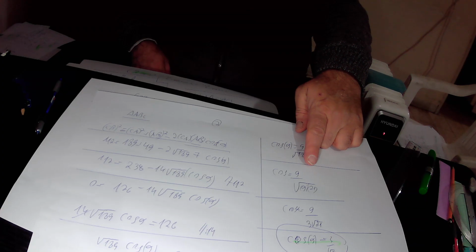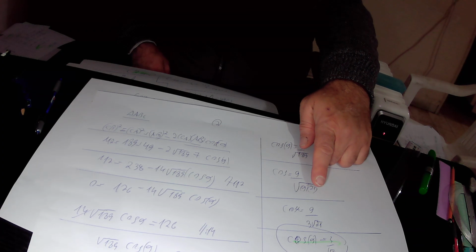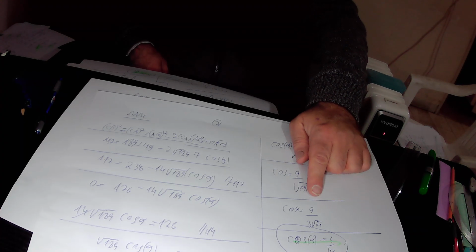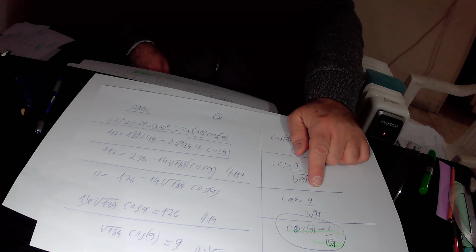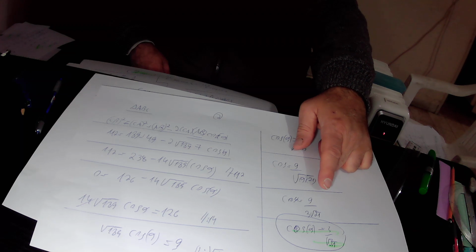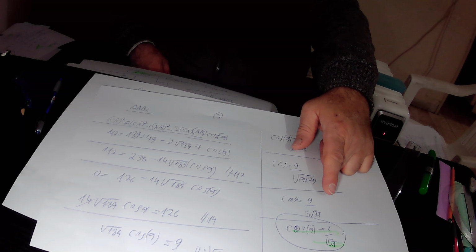So inside the root we left only 21. So in total we found out that cosine alpha equals 9 over 3 times the square root of 21. Here we divided both the numerator and the denominator of this expression by 3. 9 over 3 is 3, and here the 3 gets cancelled and we are left only with the square root of 21. So in total, cosine alpha equals 3 over the square root of 21.